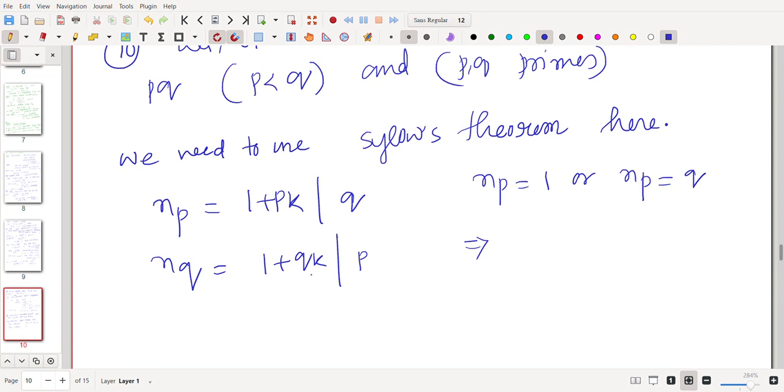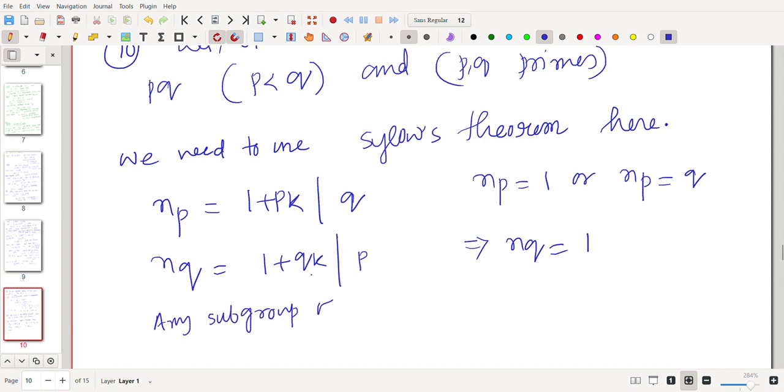Since q is greater than p, that will imply n_q equals 1, k equals 0. Otherwise it's not possible, because if k is at least 1, then 1 plus qk is greater or equal to 1 plus q, which is strictly greater than p. So that is not possible. Hence the Sylow q-subgroup is exactly 1.